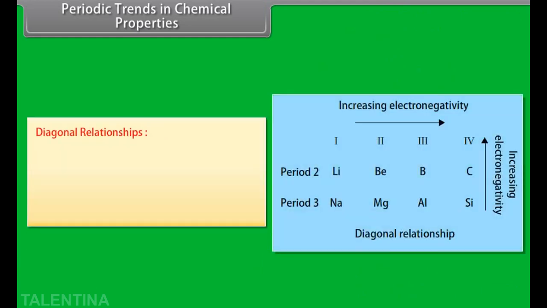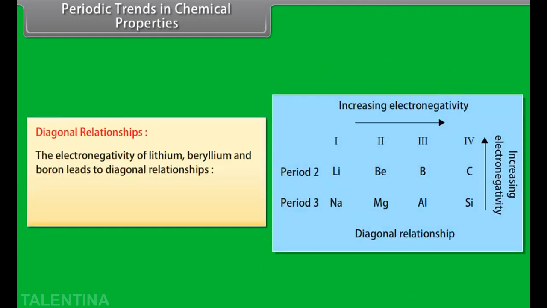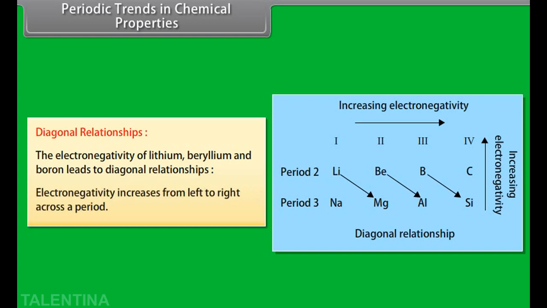Diagonal relationships. The electronegativity of lithium, beryllium and boron leads to diagonal relationships. Lithium is strikingly similar to magnesium, beryllium to aluminium, and boron to silicon. Electronegativity increases from left to right across a period.